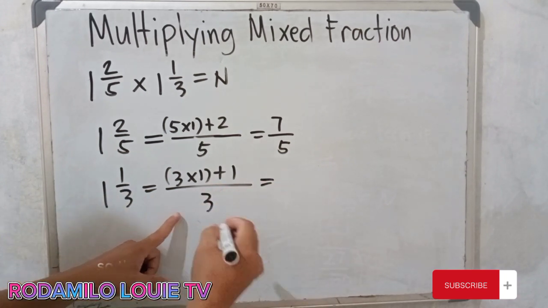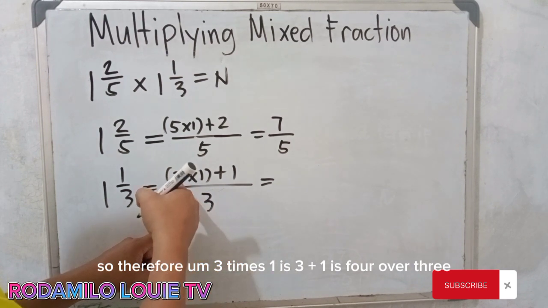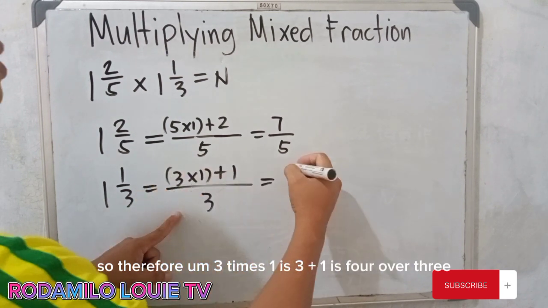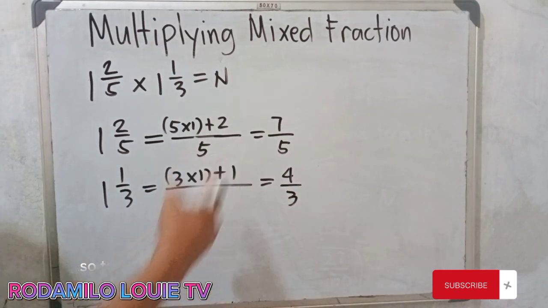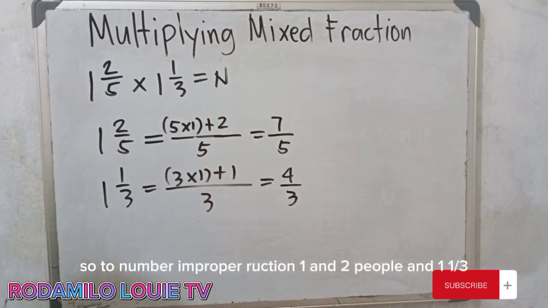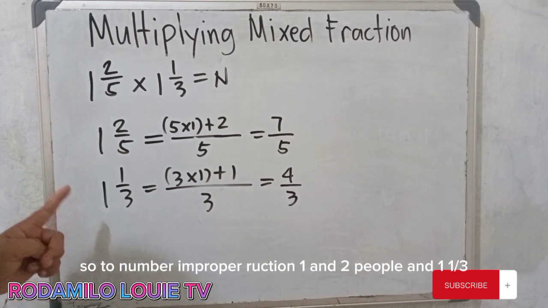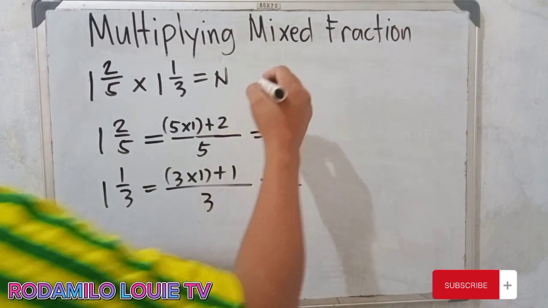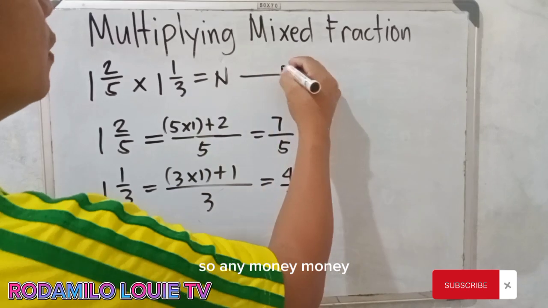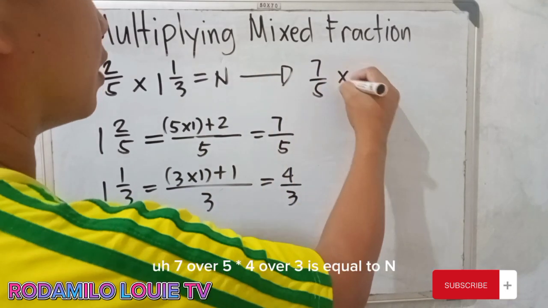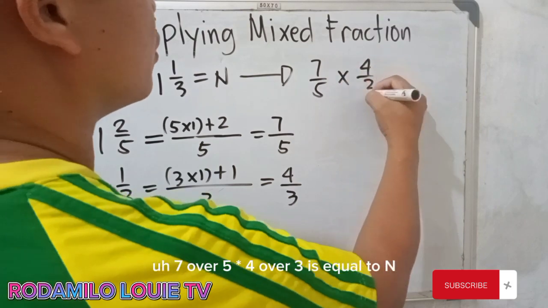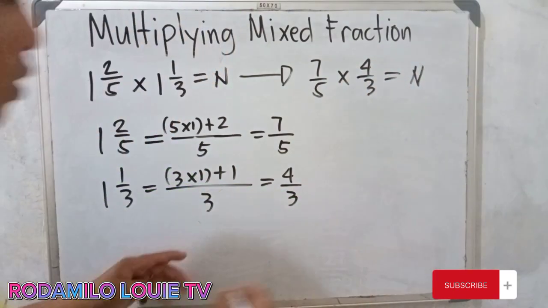So, therefore, 3 times 1 is 3 plus 1 is 4 over 3. So, ato nang improper fraction ang 1 and 2/5 o ang 1 and 1/3. So, kini mahimo ning 7 over 5 times 4 over 3 is equal to n.